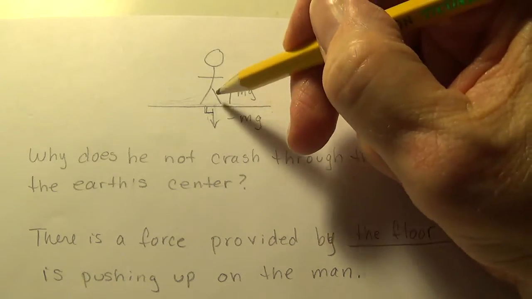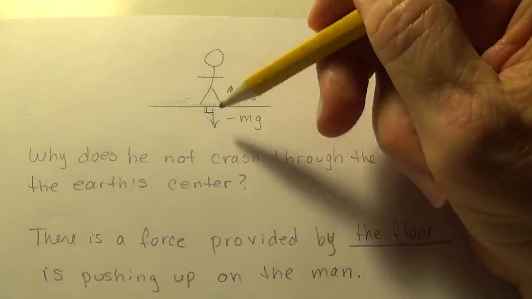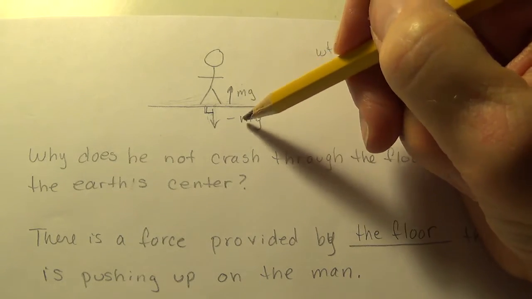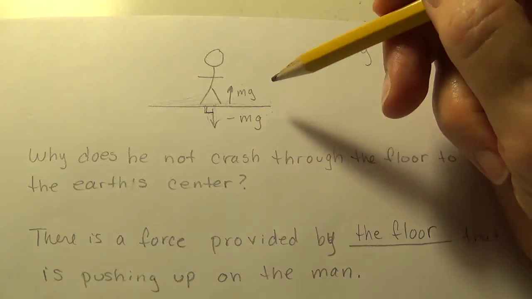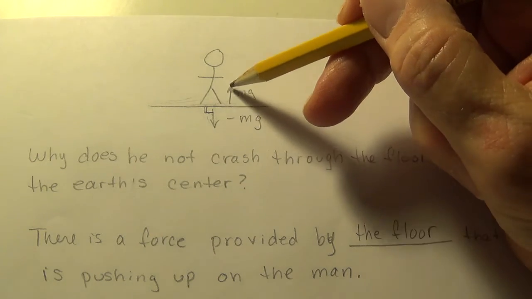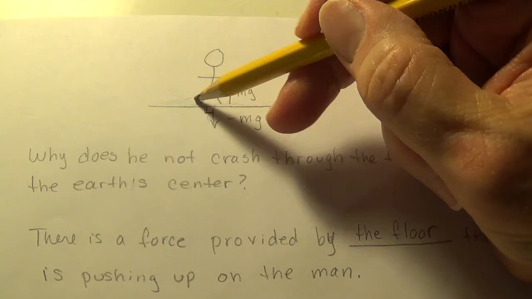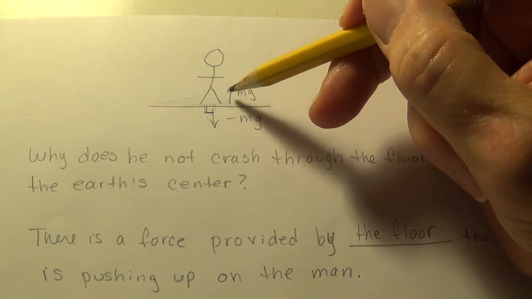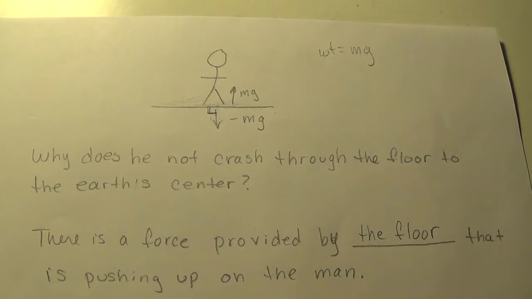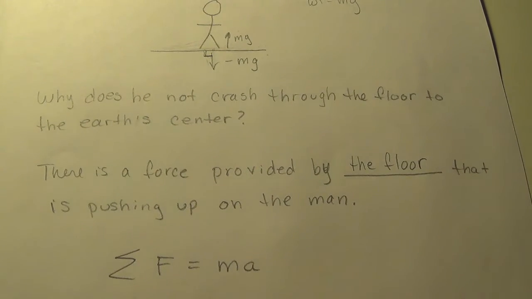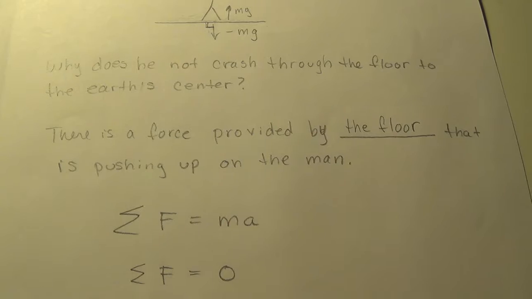So the man is not floating up, he's not crashing through, so these forces must be equal, keeping him stationary, standing here in his spot. So this force upward is provided by the surface he's standing on, and it has got a name. It's going to counter his weight exactly. And we know the sum of the forces equals ma.